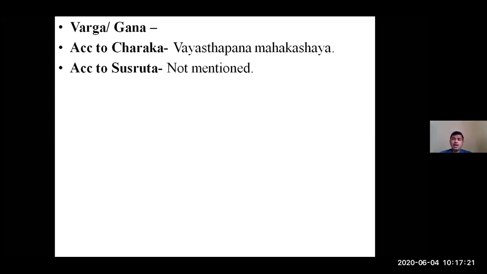Amruta, Abhaya, Mukta, Shveta, Jivanti, Atirasa, Mandhukaparni, Sthira, Punarnava, iti dashamani Vayastapanani bhavanti.